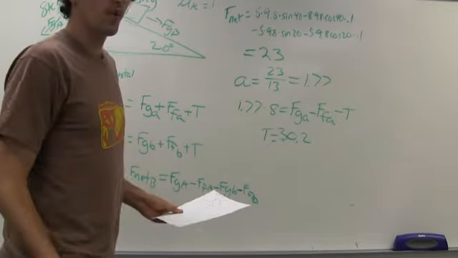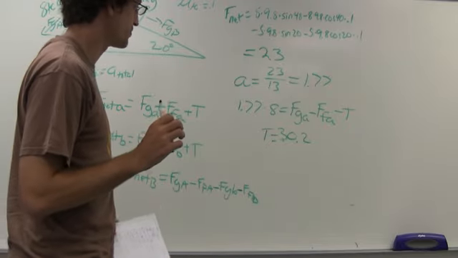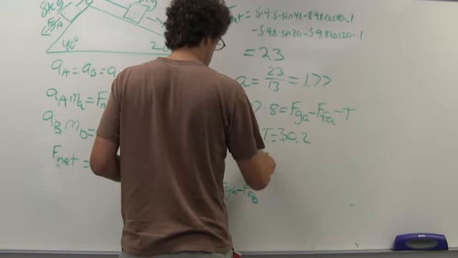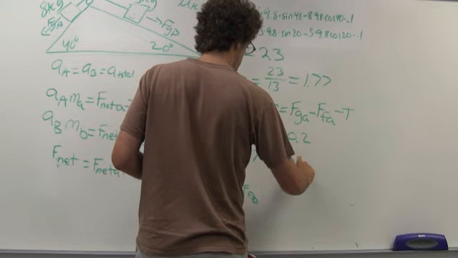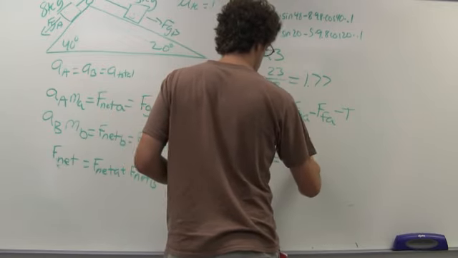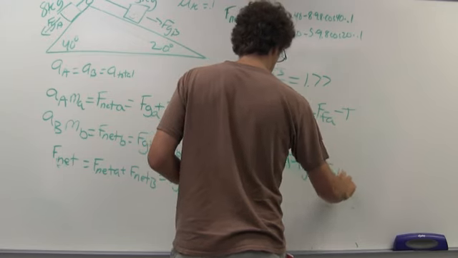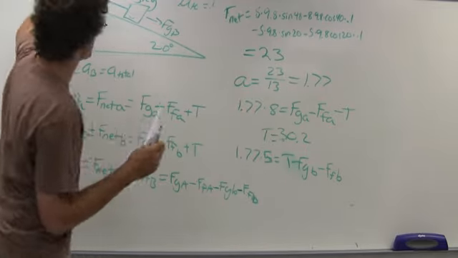Now, we don't actually need to solve the second one. But assuming that we did, we could go forward and say that 1.77 times 5 equals tension minus FgB minus friction B. Tension is the only one that's pulling to the left.